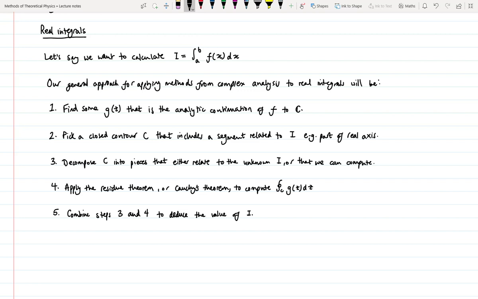The best way to see how this approach works is to look at different types of real integrals and then go through a variety of worked examples. And that's what we're going to spend the rest of this video doing. I'll write that down.